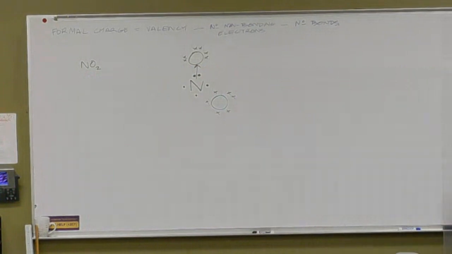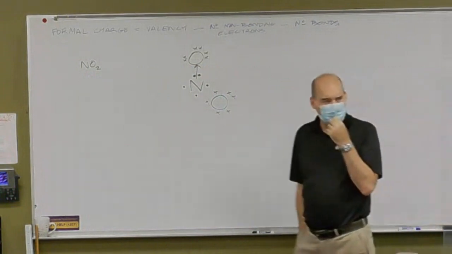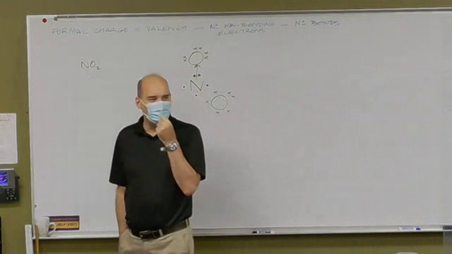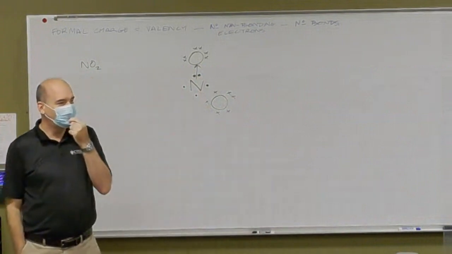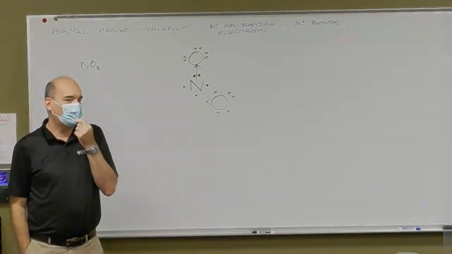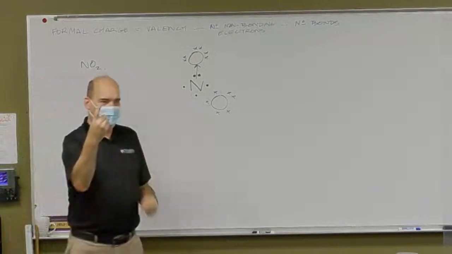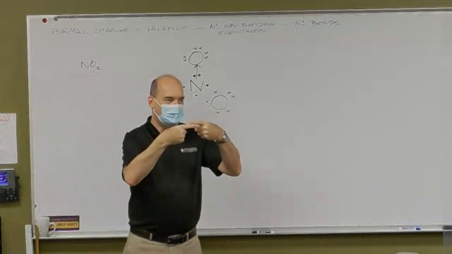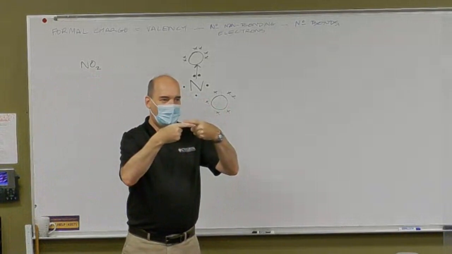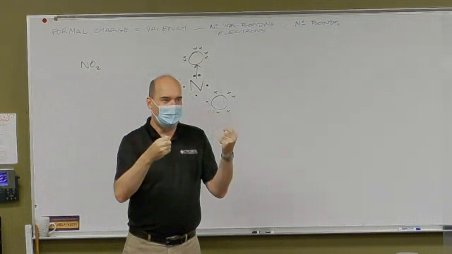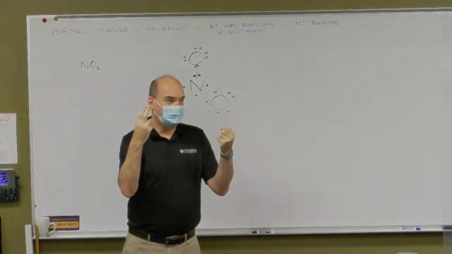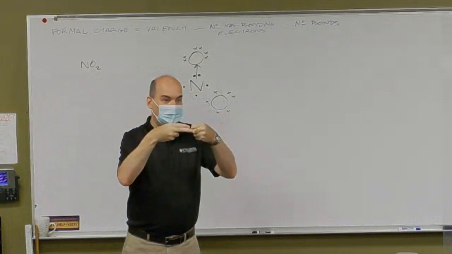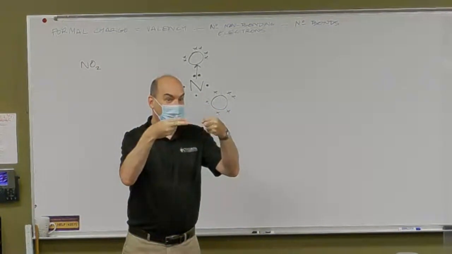We had defined a covalent bond. What was our definition of a covalent bond? 2 electrons shared between 2 atoms. Here's an electron, there's an electron, we shared between 2 atoms. Okay. How is that different than here's 2 electrons and I'm sharing them between 2 atoms?